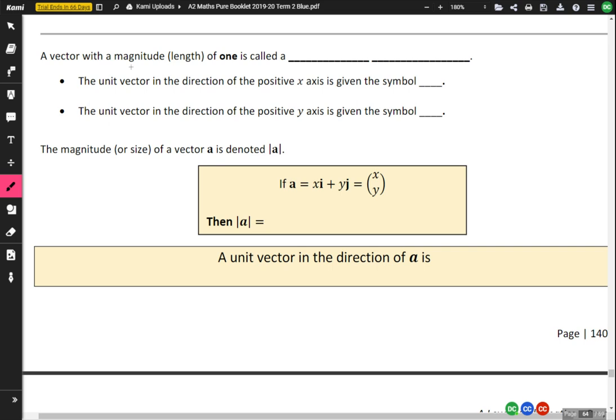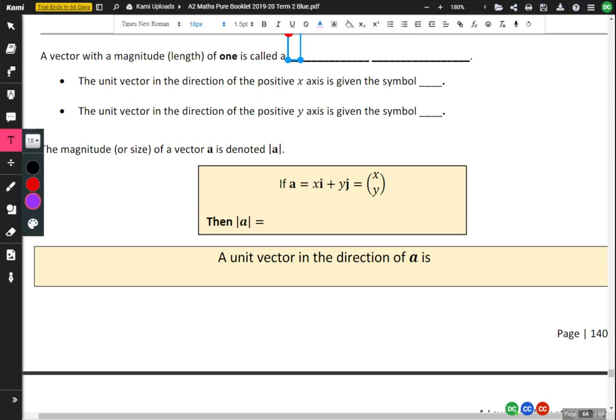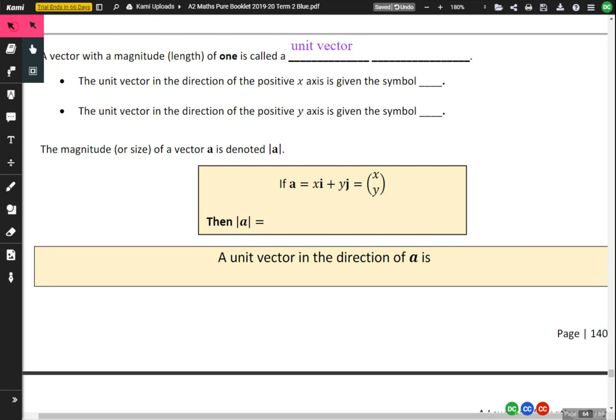A vector with a magnitude, which means a length, of 1 is called a unit vector. Unit referring to the fact that it has a length of exactly 1.